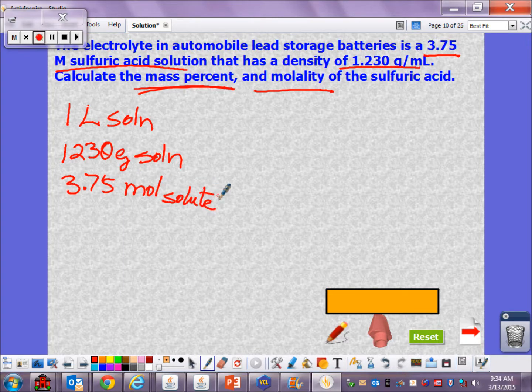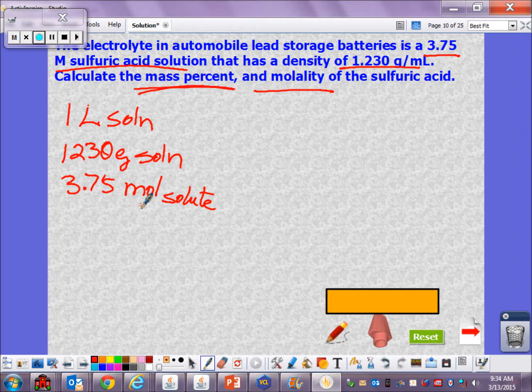Okay, stay here with me, I'm analyzing as we go. That means it is my moles of solute. Now, let's see if we can start solving. Calculate the mass percent. What is the mass of my solute? If I have the moles of solute, I can find the mass of solute.